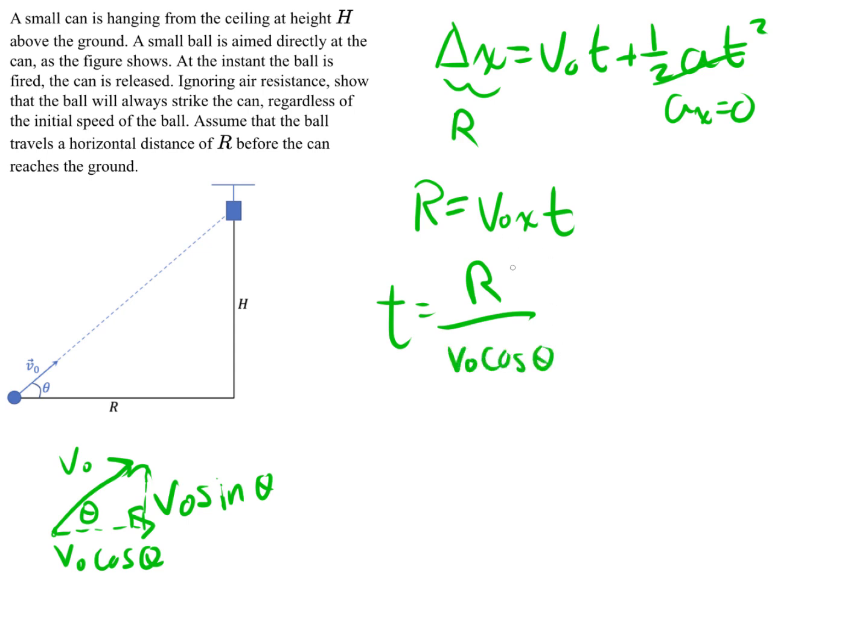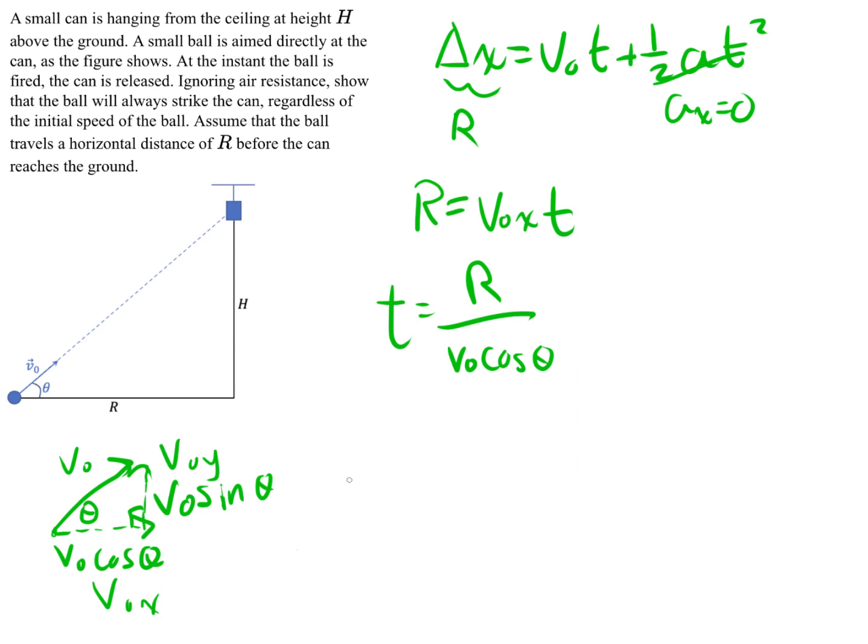Because if you remember, the initial velocity in the x direction is the initial velocity times the cosine of theta. So I should probably label that as well.